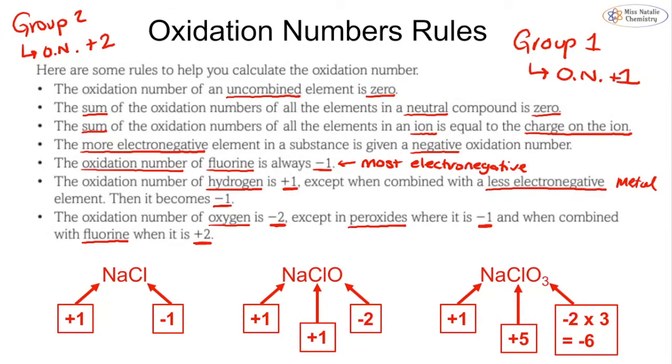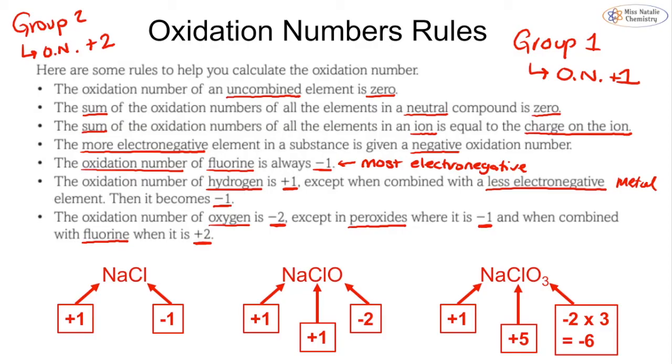So if they give you these 3 questions in an exam, they would likely be saying, calculate the oxidation number of chlorine in each of these examples. So here, if the oxygen is -2 and the sodium is +1, this needs to all balance out to 0, so my chlorine in this case is +1 oxidation number.